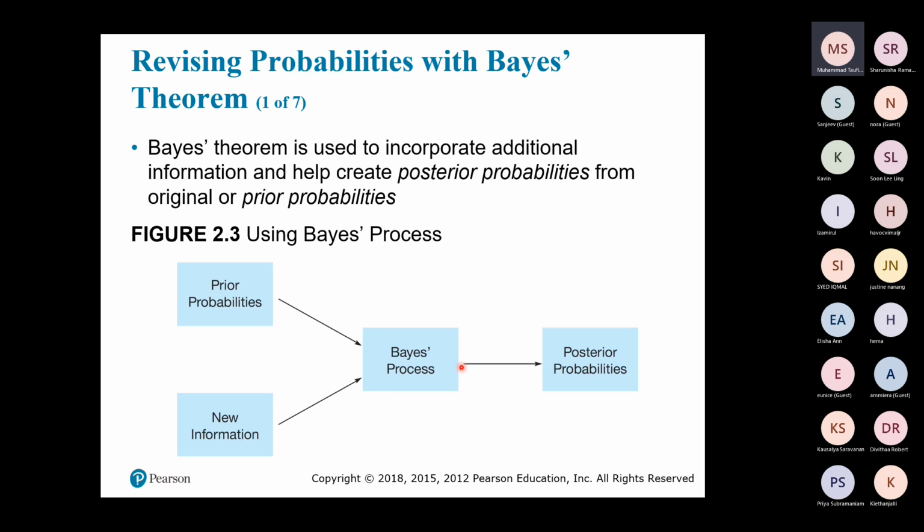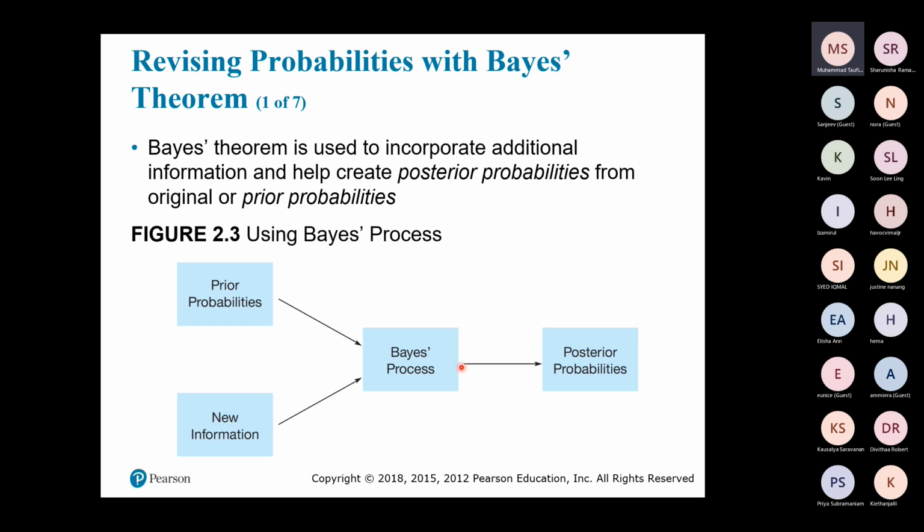So you calculate the probability, and then you bring in new information, maybe your sales this month. Maybe this month you already made sales for 10 days, and you want to predict the expected sales value that you can expect from this month.